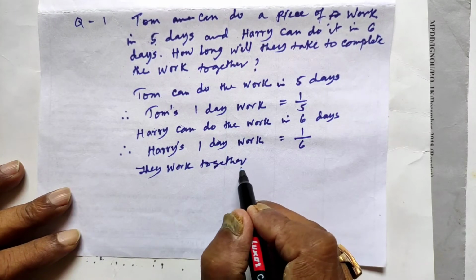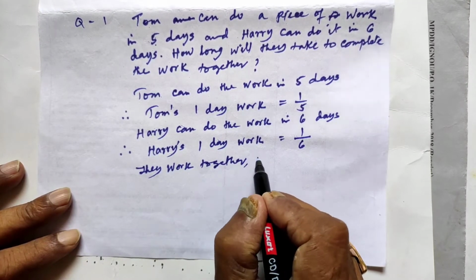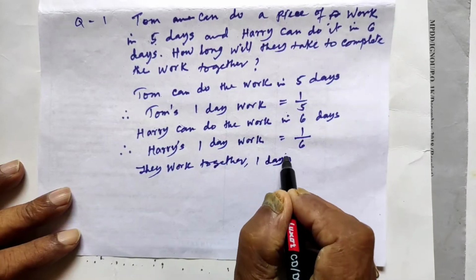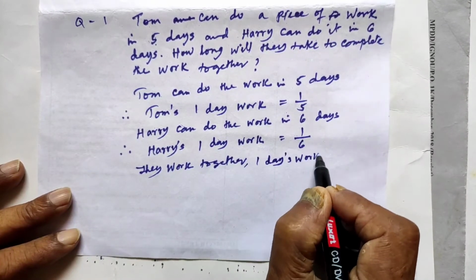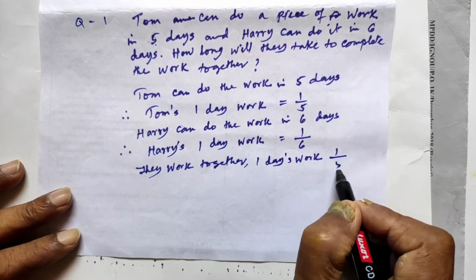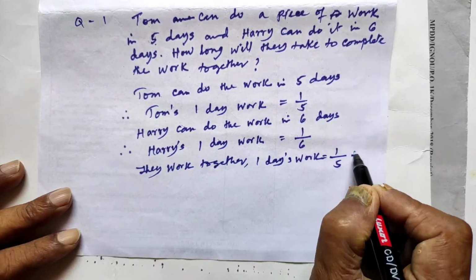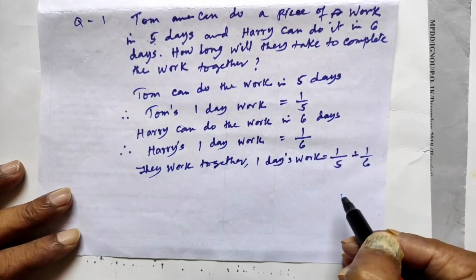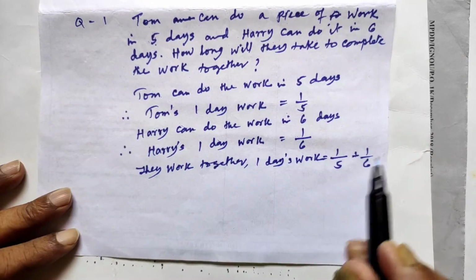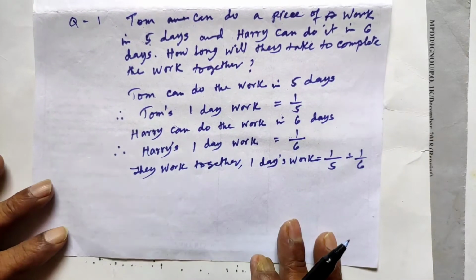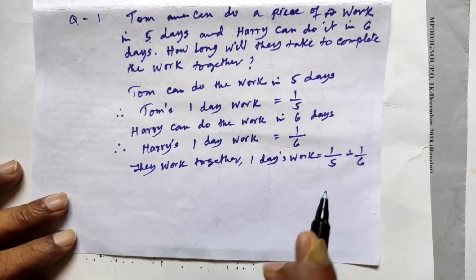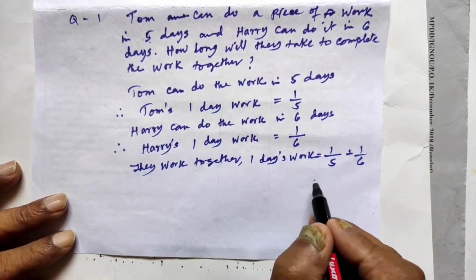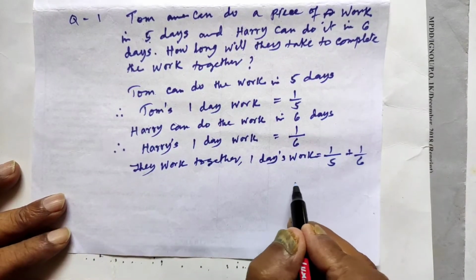So when they work together, their 1 day's work equals 1 by 5 plus 1 by 6. This is fraction work. You have to know fractions.